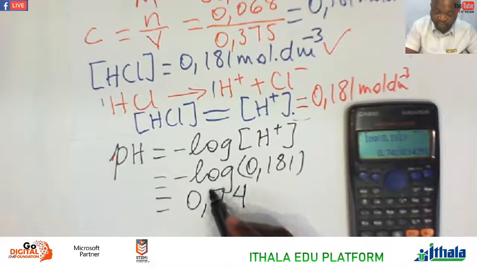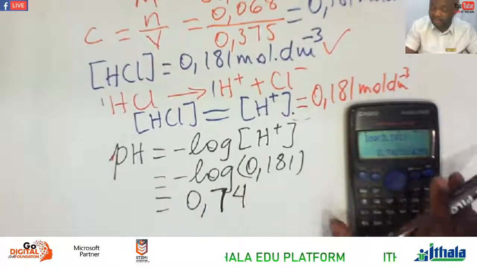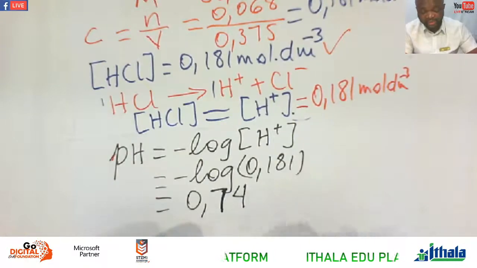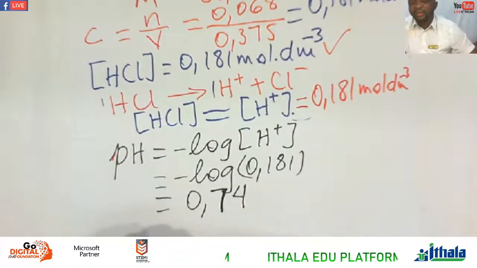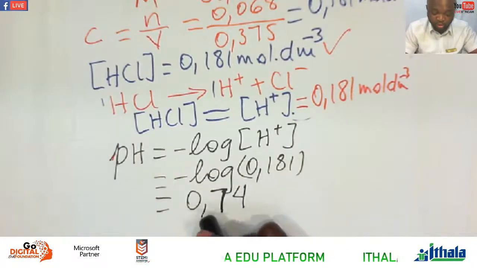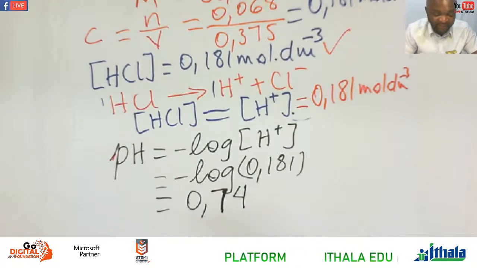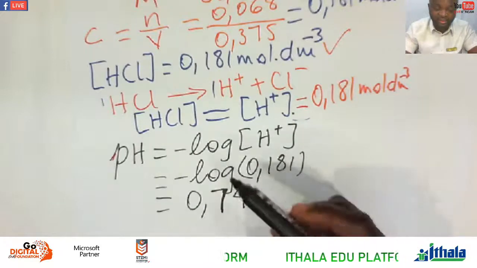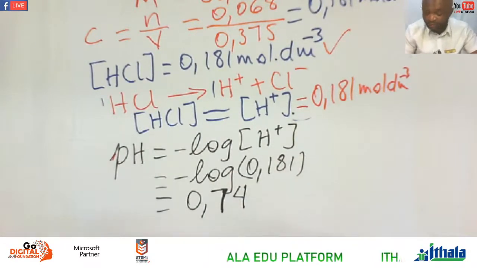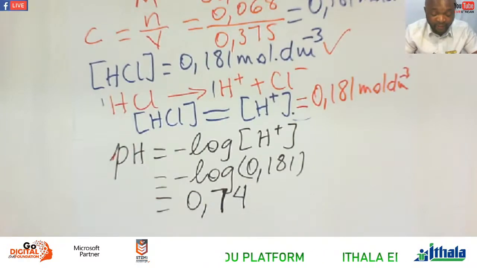Ngoba ku pH vele siyazi ukuthi asi writing ala. Cause enye into efanele iguide ukuthi siyazi ukuthi acid, pH acid is what? Is between 0 but less than 7. Njengoba solo to 0,74 asi write lapho, and from HCl siyazi ukuthi it's a strong acid. So I number sitholayo ihambisana kahle ne concept yethu.